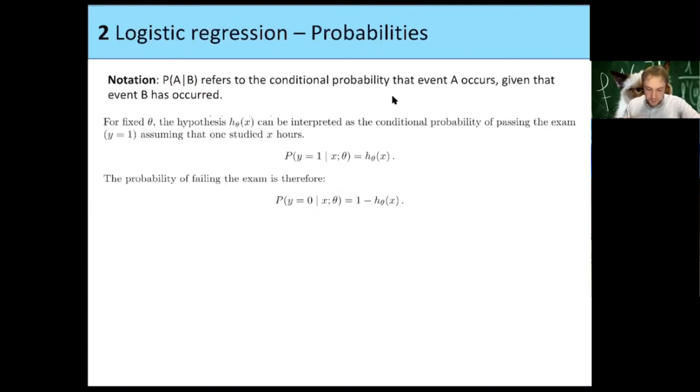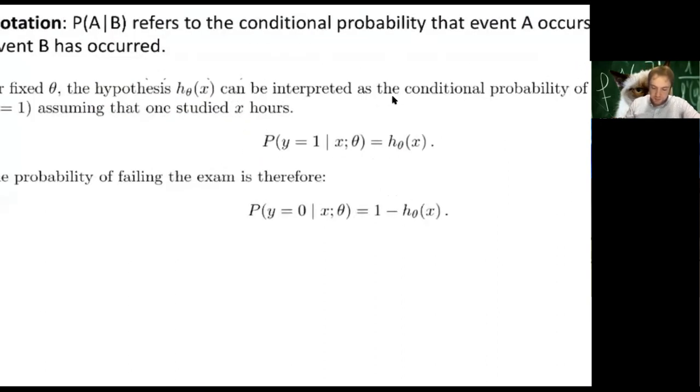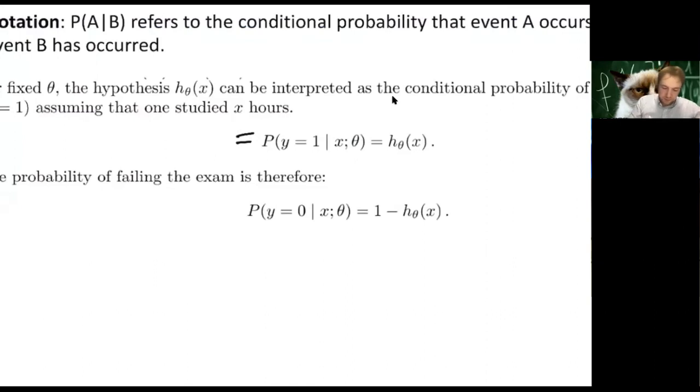So our hypothesis, which we want to find, we can view as telling us the probability of passing the exam. Maybe I could also write it like this: P(pass exam | studied x hours), the probability of passing the exam when we studied x hours.